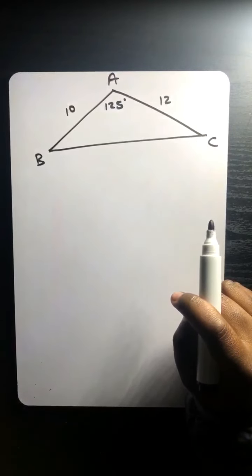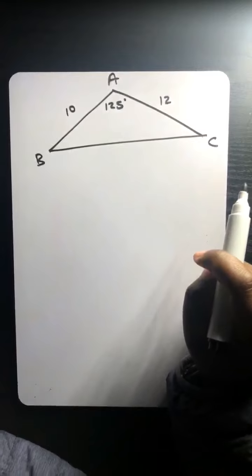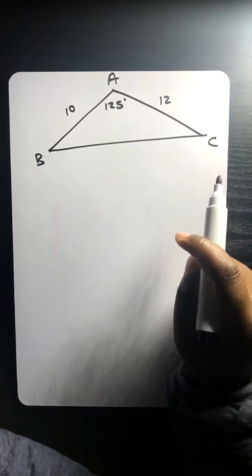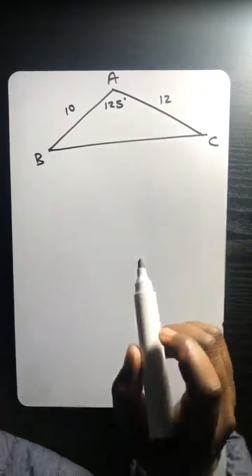And what is it that we cannot use? Pythagoras, sir. We cannot use the Pythagoras theorem. We cannot use the tan ratio, the sine ratio, or the cos ratio. We only use these in a right-angled triangle.